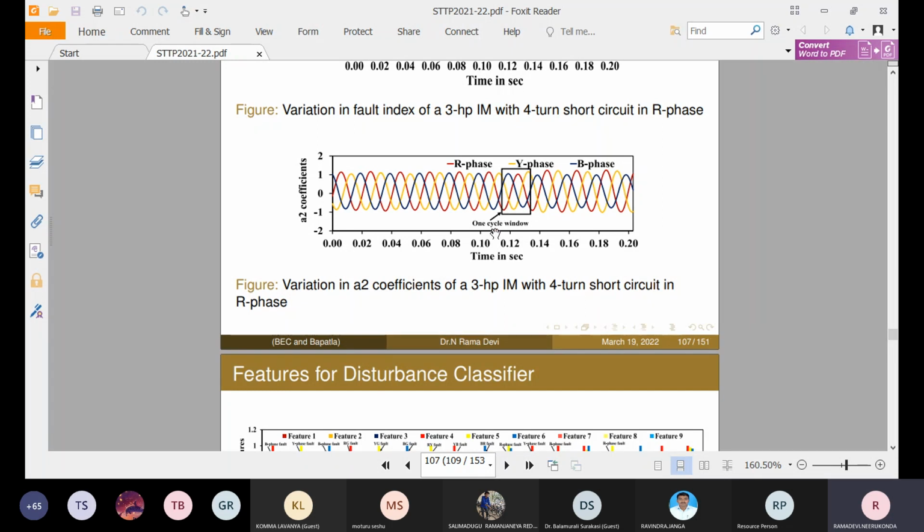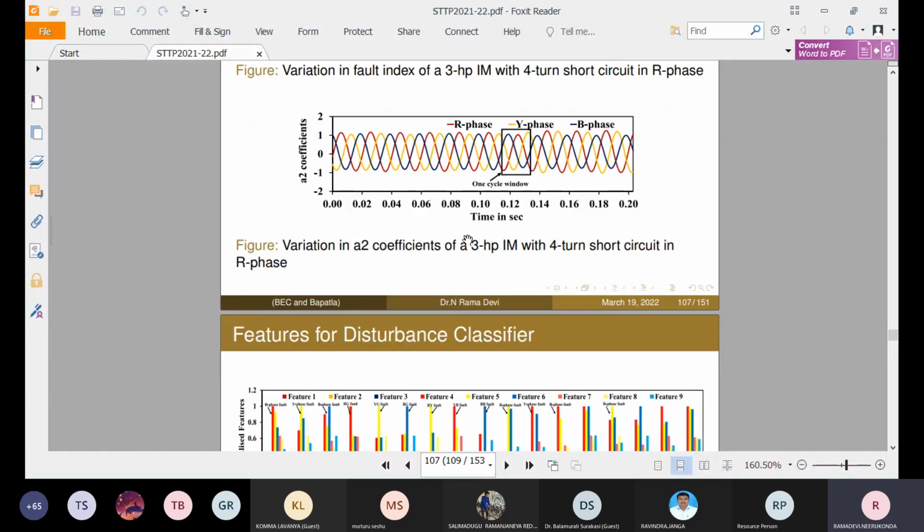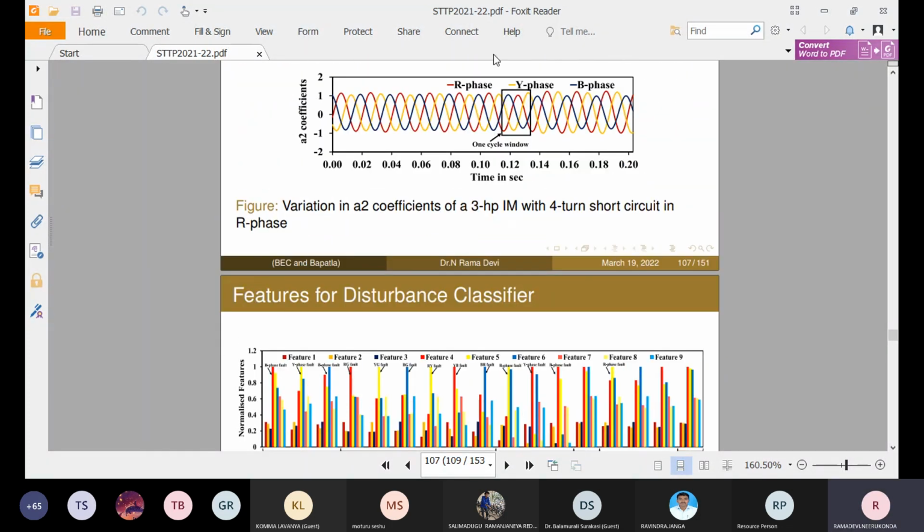Similarly, we take the maximum peak value, either positive cycle or negative cycle according to the disturbance. Whichever cycle's peak value is considered as the feature is based on the absolute value. So the absolute peak value we are taking here. Based on that feature, we classify the disturbance.